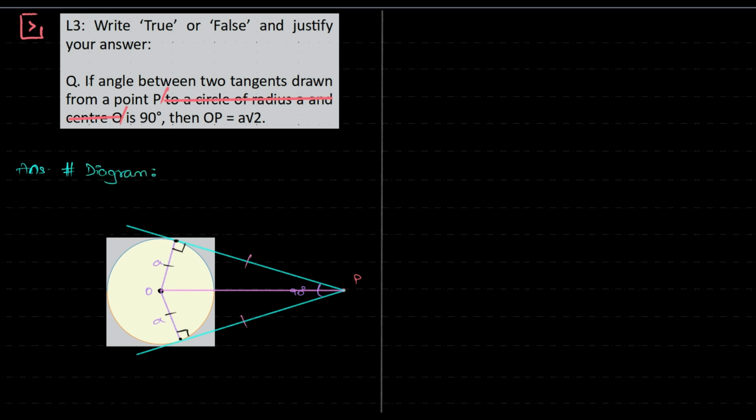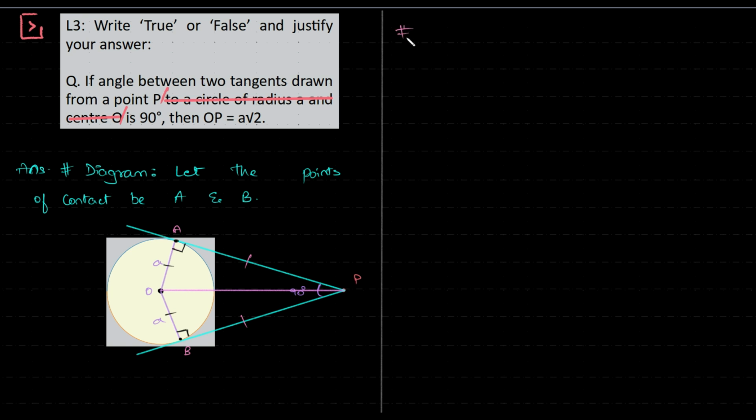We need to name the points. So let the points of contact be A and B.